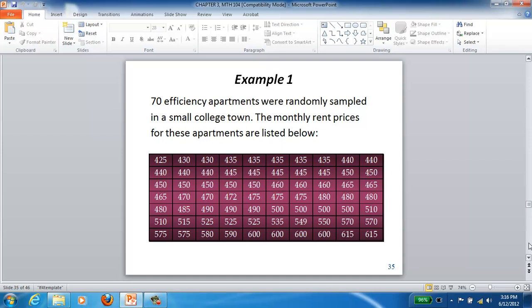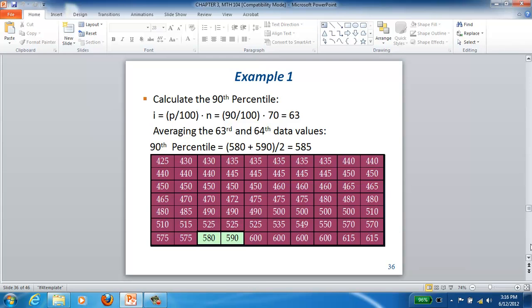In this example, we have 70 apartment rents. As you can see, 425 is the lowest, 615 is the highest, and we want to calculate the 90th percentile. Now, the index: first of all, P is 90 because of the 90th percentile, and N is 70 because we have 70 observations.